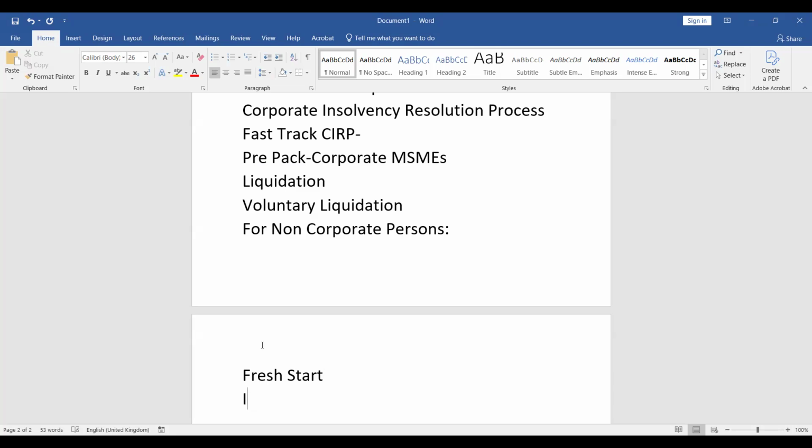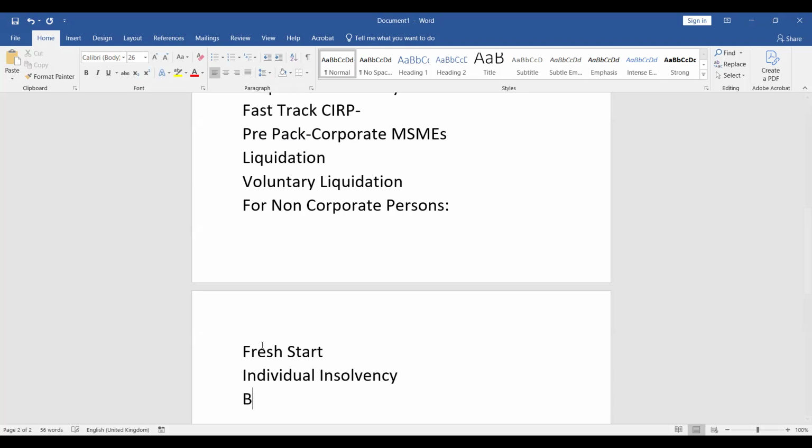Then individual insolvency, and then bankruptcy. So these are the processes in case of non-corporate persons. Fresh start is restricted for certain types of individuals which are having very low assets, income or liabilities.